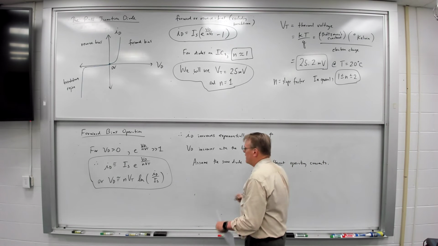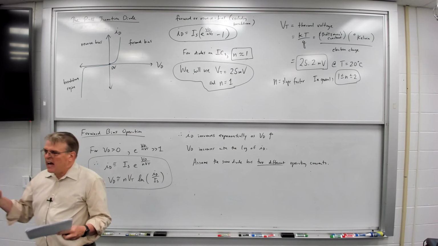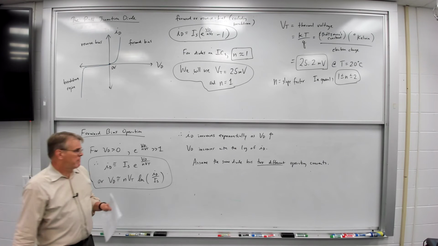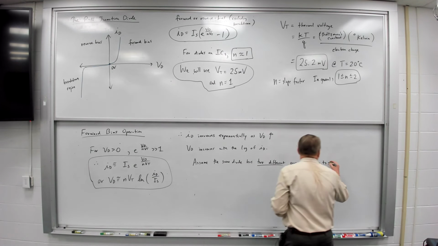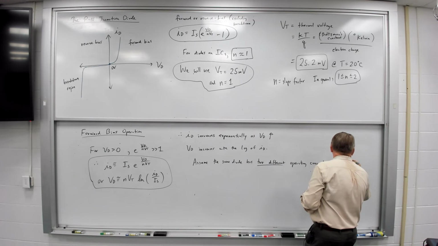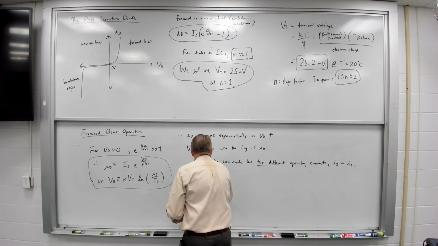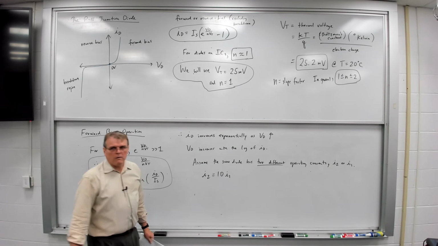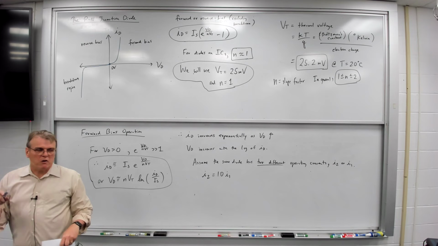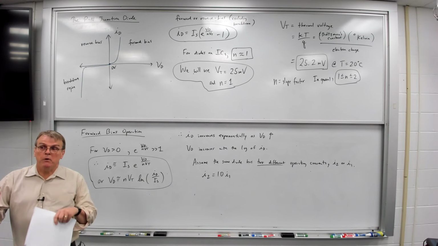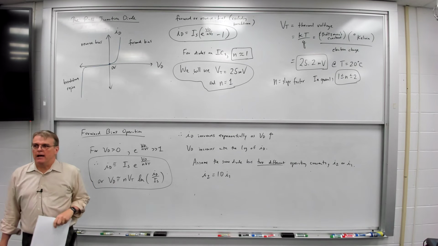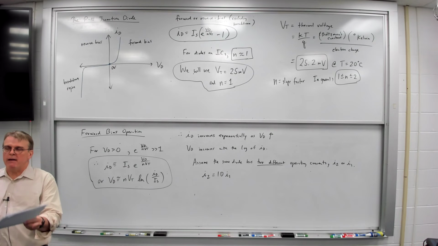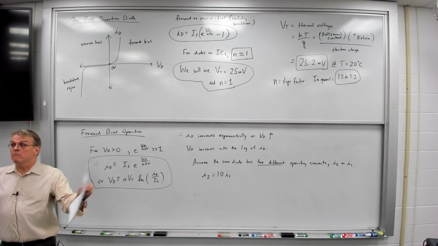So let's assume that I'm going to operate this diode at current I1 and I2, two possible currents I can operate it at, and one current is 10 times bigger than the other. So I can either put one current through, I1, or I can put through another current that's 10 times bigger than I1. The question is, what happens to the voltage across the diode, given the fact I have these two different currents that are an order of magnitude apart?